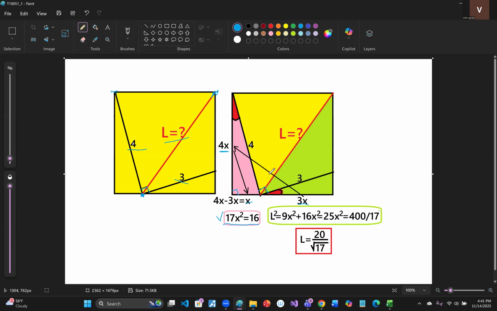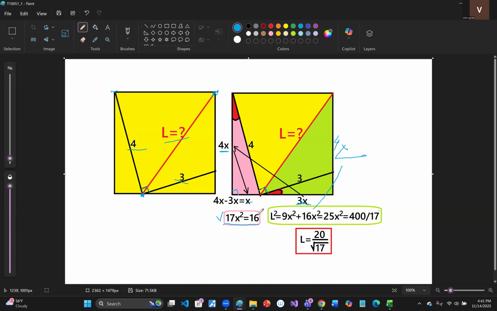Now look at the big green triangle. It has vertical leg 4x and horizontal leg 3x. So the length of the hypotenuse, which we are looking for, squared, is equal to 9x squared plus 16x squared, or 25x squared.